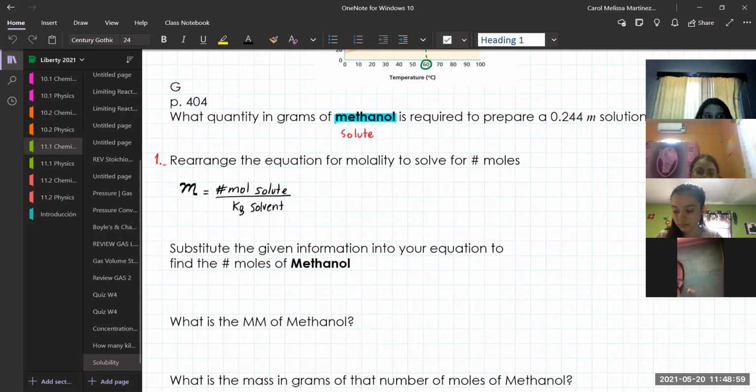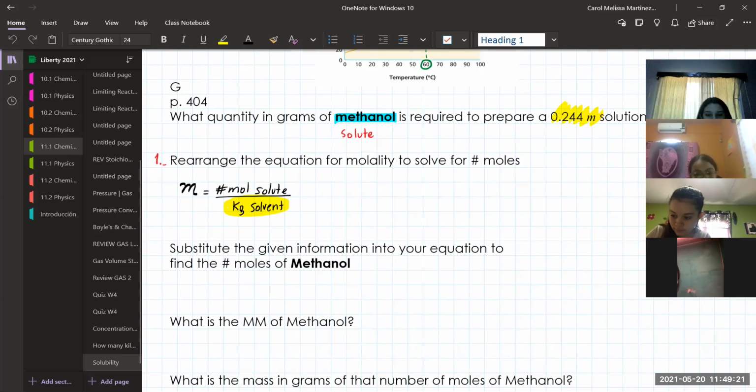The problem gives us molal concentration. It gives us grams of water, which is the solvent, but the equation tells you that the solvent must be in kilograms. The first step will be converting from grams to kilograms.